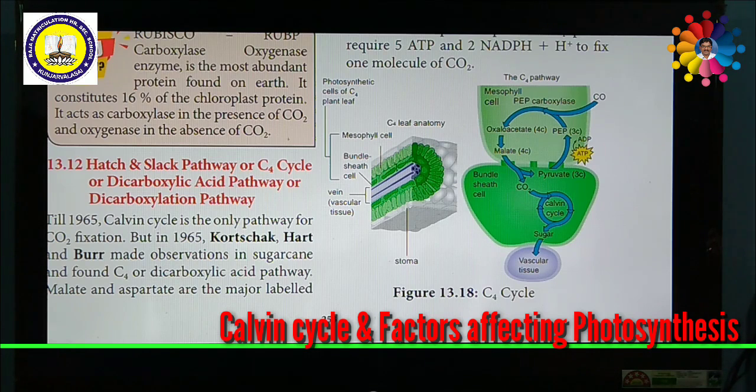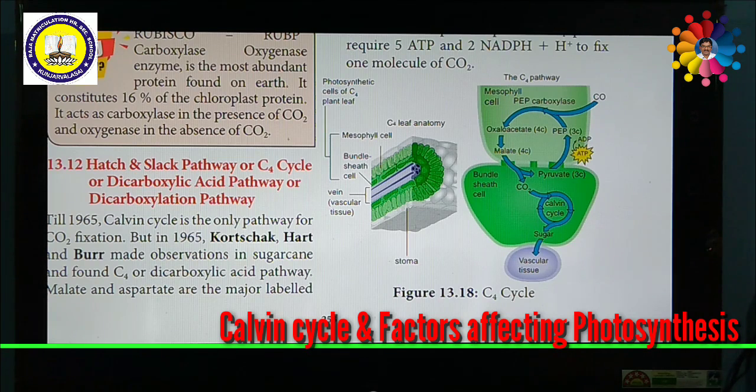Then the optimum temperature required for the C3 cycle is around 20 to 25 degrees Celsius. But for the C4 cycle, the optimum temperature is 30 to 45 degrees Celsius. Fixation of carbon dioxide is at 550 parts per million in the C3 cycle, but fixation of carbon dioxide even at less than 10 parts per million takes place in the C4 cycle.